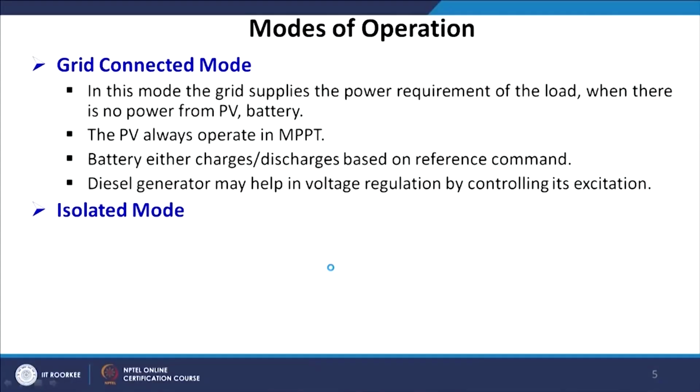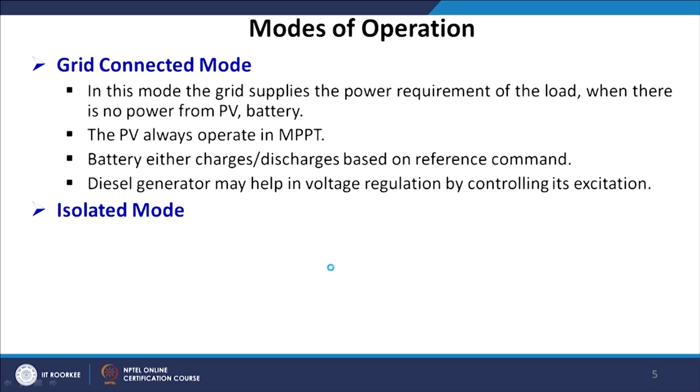The PV always operates at its MPPT. The battery either charges or discharges based on the reference command received. The diesel generator importantly helps in voltage regulation by controlling its excitation. So, the diesel generator plays a very important role in voltage and frequency regulation.